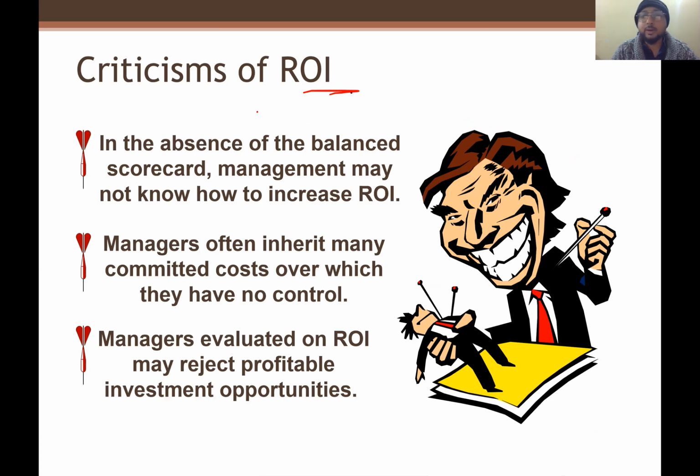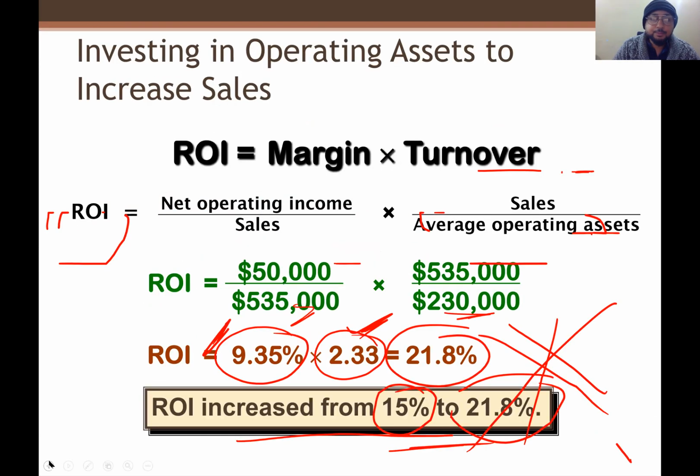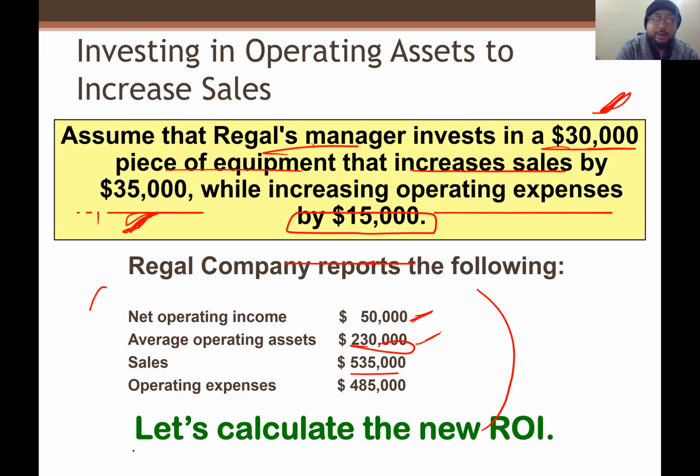So the biggest criticism is that in the absence of a balanced scorecard, management may not know how to increase the ROI. Managers often inherit many committed costs, however, they don't have any control. So if this scenario is initiated by the head office, then managers have no control over their own performance.